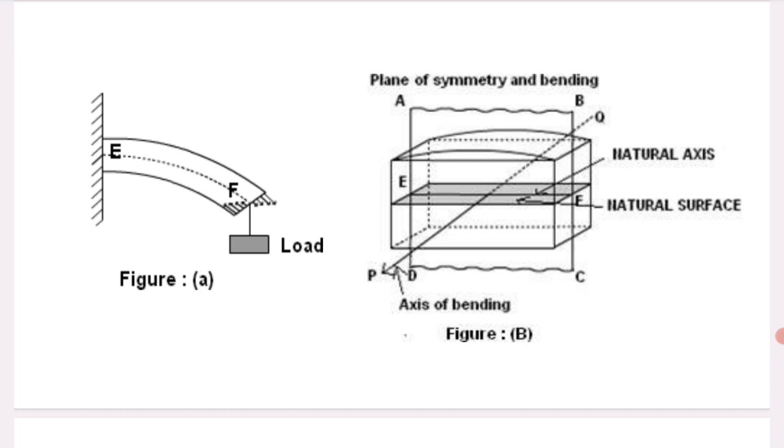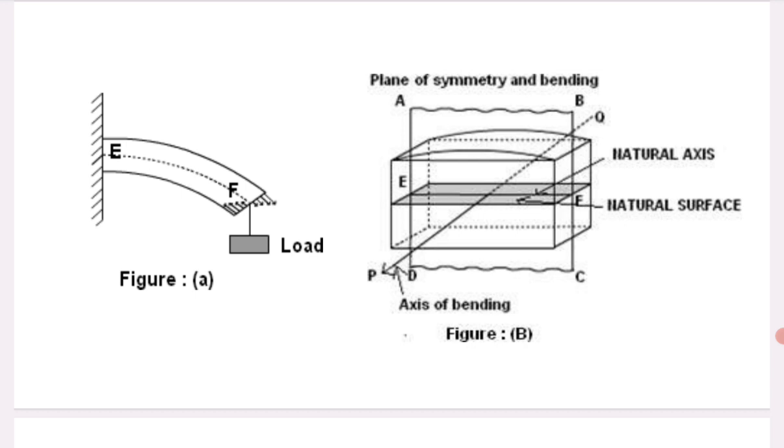Now you see diagram B. When it bends, one of the layers is neither compressed nor elongated. Such a layer is called the natural surface or neutral layer or neutral surface.